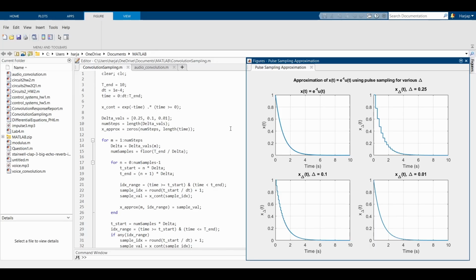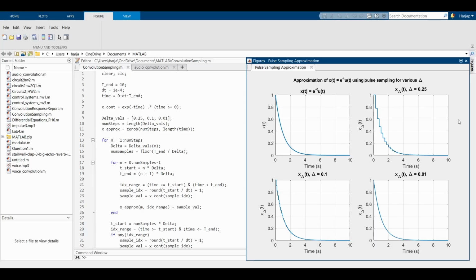Now let's look at this concept visually using MATLAB. Here, I chose the input signal x of t equals e to the negative t u of t. I plotted the original signal x of t along with its pulse-based approximations for three values of delta: 0.25, 0.1, and 0.01.